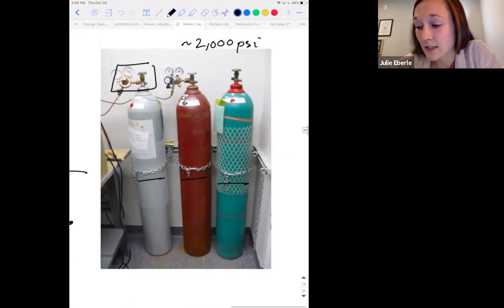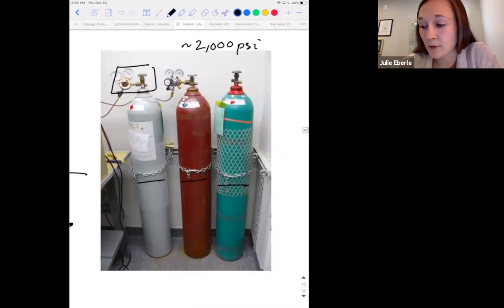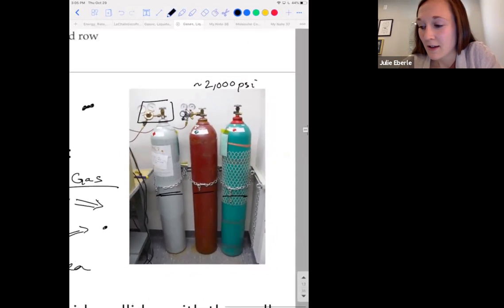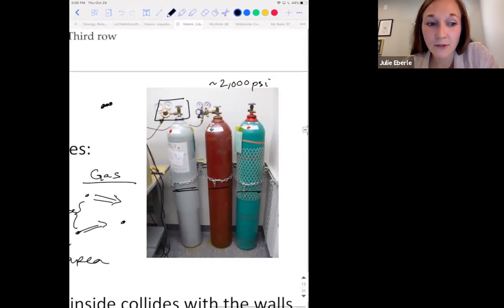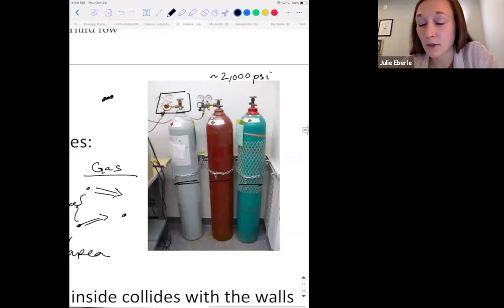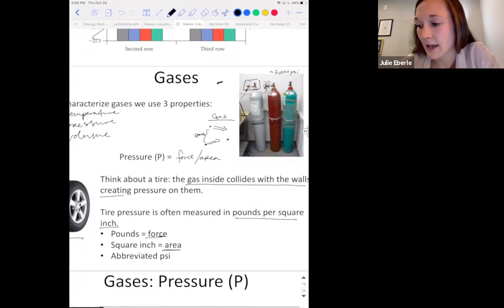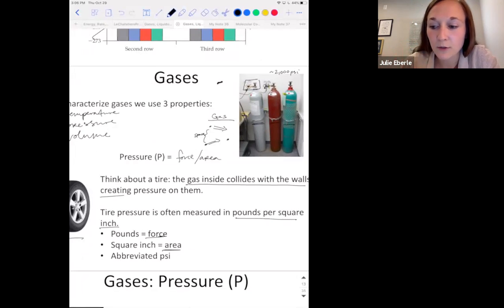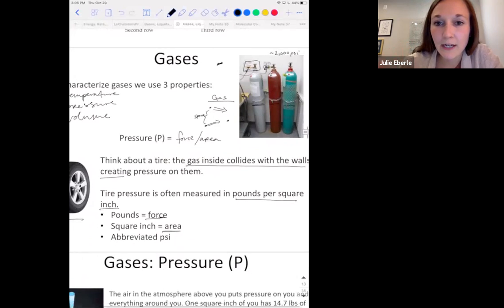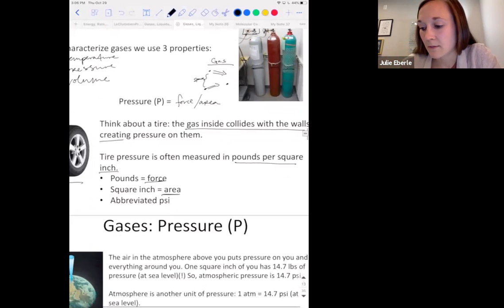You'll see these often in any research lab or hospital, and they should always be chained up because they could be very dangerous if accidentally bumped over. So all this to say, as we're studying gases, think about the spacing between the molecules and how we can adjust the volume, the pressure and the temperature to learn about gas.